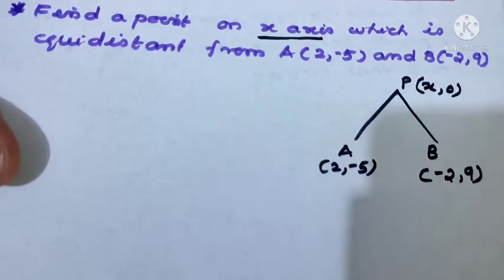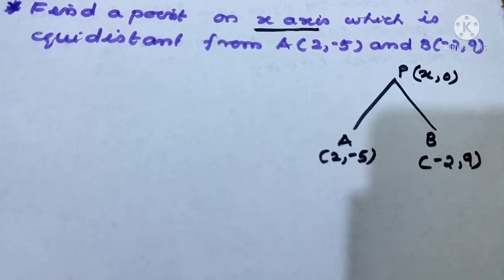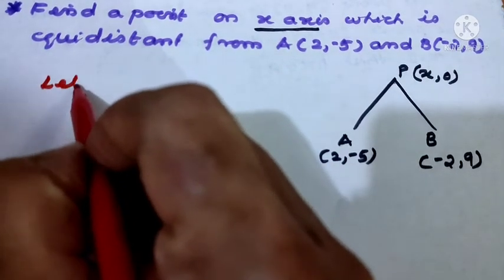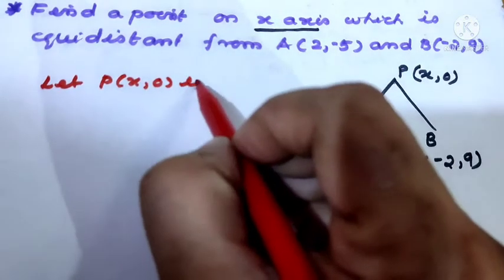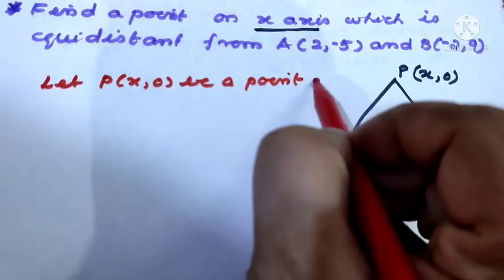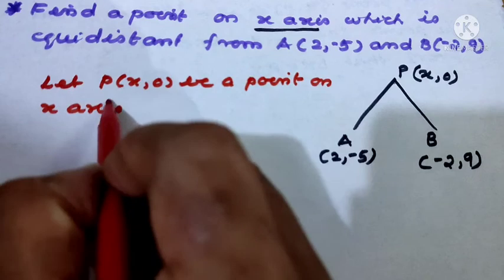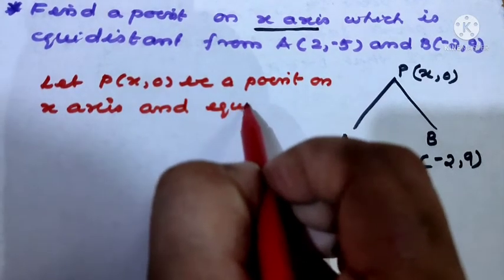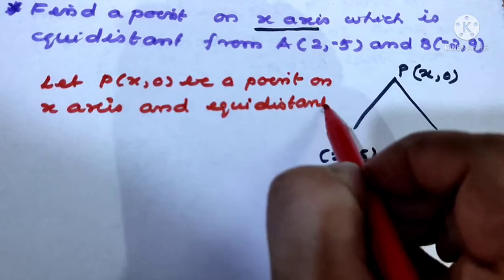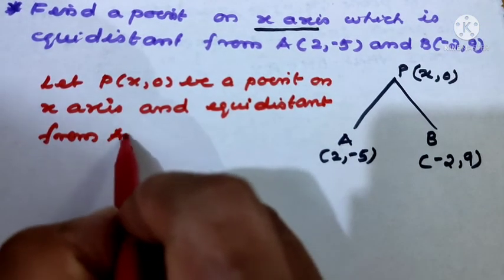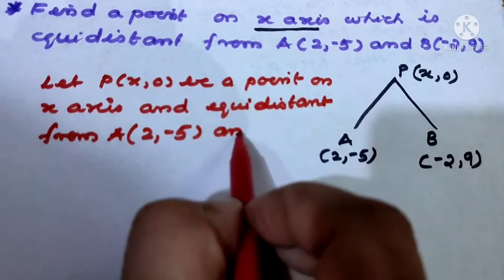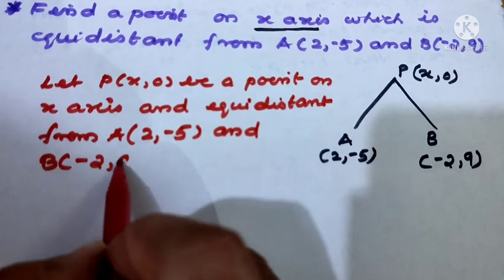Now we can start our sum. Let P(x, 0) be a point on the x-axis and equidistant from A(2, minus 5) and B(minus 2, 9).